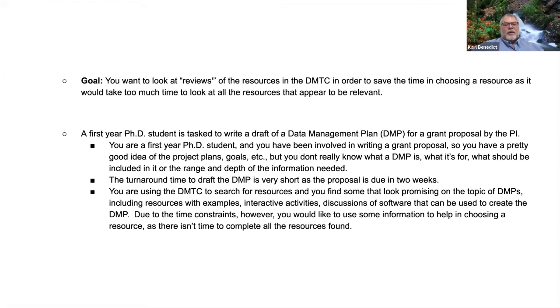Other comments or suggestions related to the importance of having this information available in the process of selection? This is Sarah. I would agree with the star rating or some type of rating to be able to filter comments or criteria. In the specific scenario presented here, I'm not sure I would go to a clearinghouse looking for examples of data management plans.